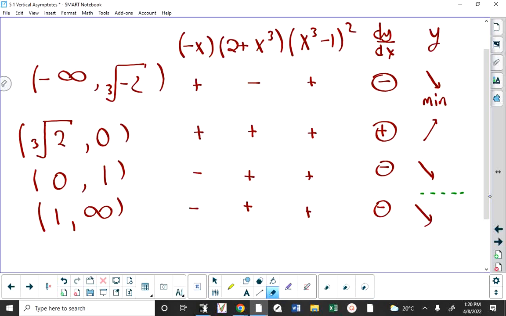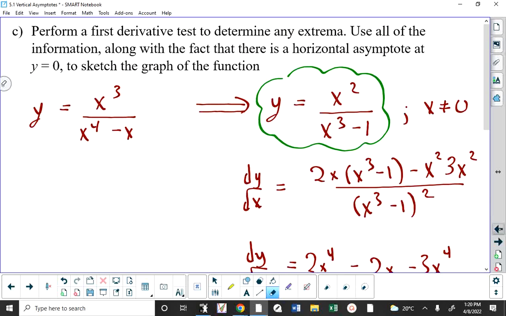Now, we have to use this idea. What else do we have to do here? Along with everything else we've collected, with the added information that the x-axis is a horizontal asymptote, because you don't know how to find it yet. I mean, you kind of do. I've taught you a little trick in Math 30-1, but you haven't learned the calculus way to find a horizontal asymptote.